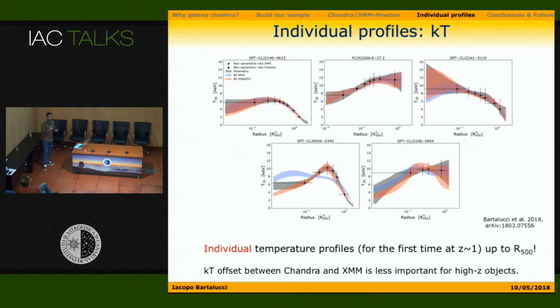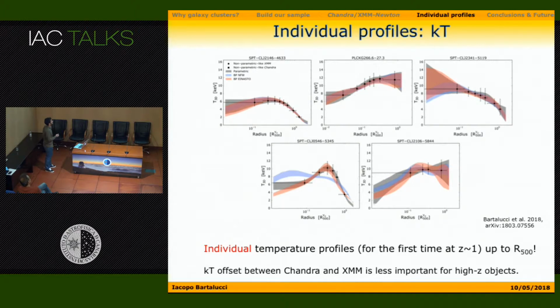So these annuli are very large, and the extent is limited for this sample because it's very hard. At redshift 1, the signal is very low. But as you can see here, with these black points, we were able to extract the temperature profile for all the 5 galaxy clusters up to R500.